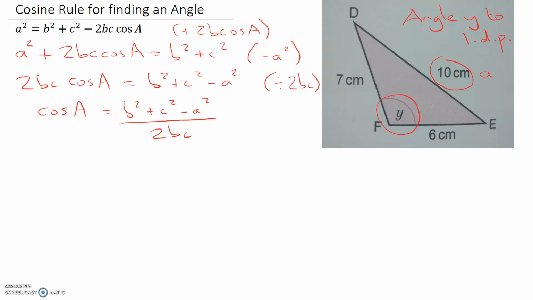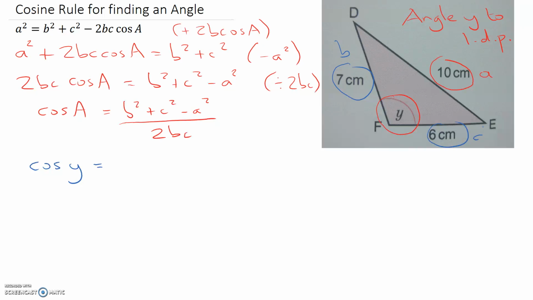So we know that the cosine of angle y is equal to b squared plus c squared. Again, it doesn't matter which we label b and c, but it definitely matters which we label a. So let's say this is b and this is c.